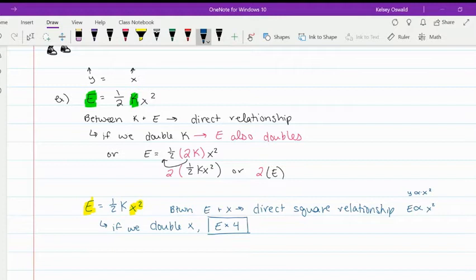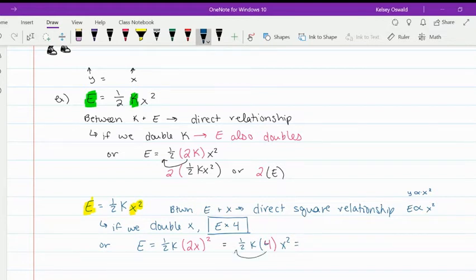If we wanted to think about this the second way, we could also plug that multiplier into our expression. So we have, in this case, e equals 1/2 k times (2x) squared. It's super important that we put that 2 in the parentheses with our x because the whole thing is going to be squared. Now if we were to rewrite this, we would have 1/2 k times 4x squared, because 2 squared is going to give us that 4.